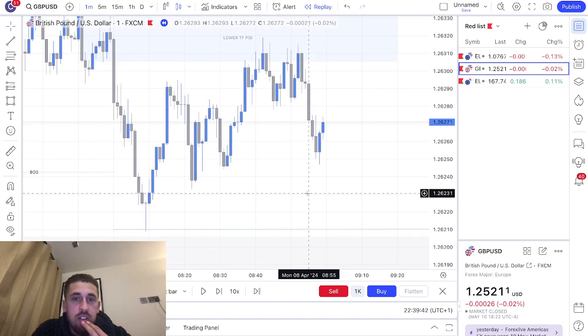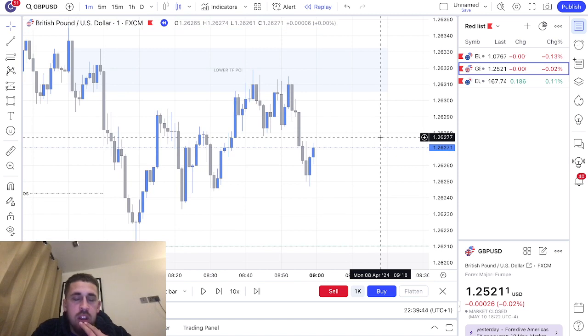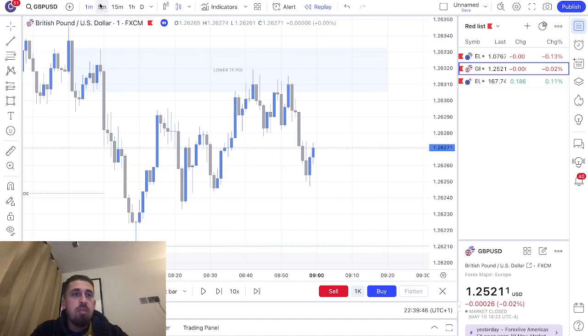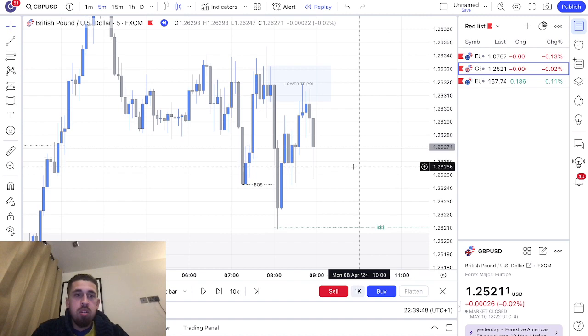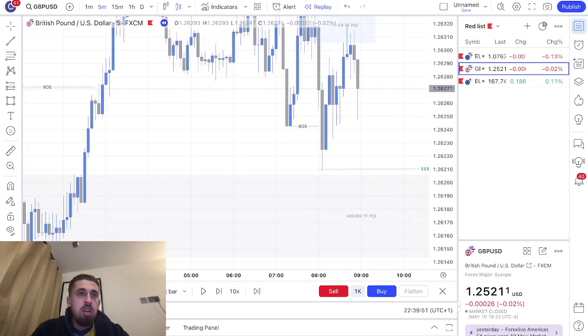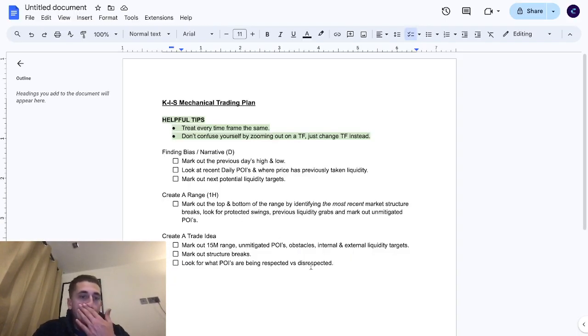Still, that's the liquidity target. So okay, 5M.